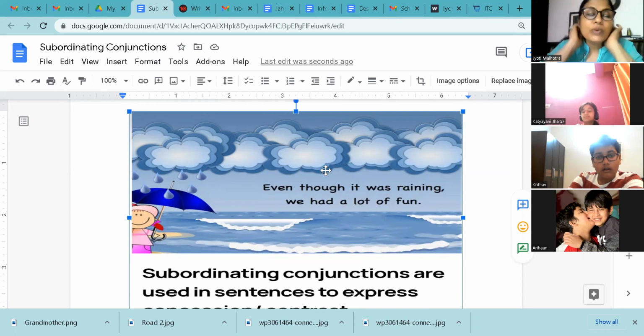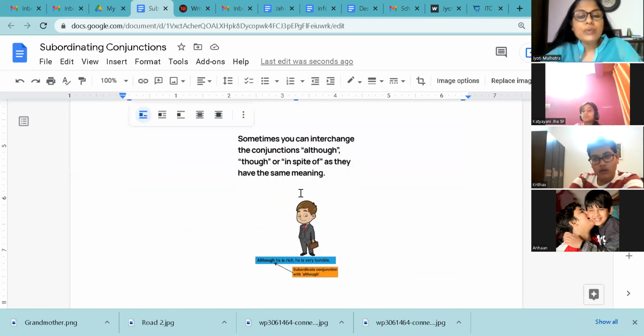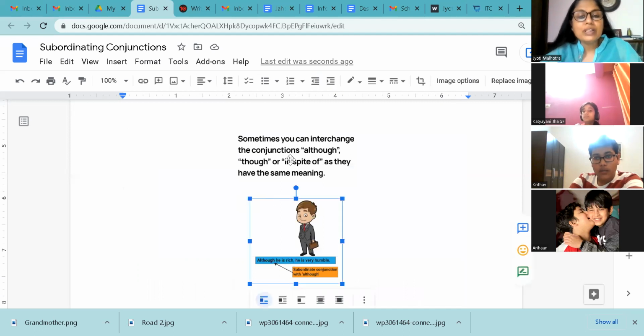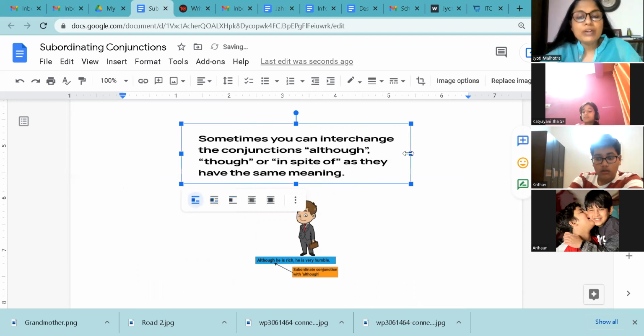When it's raining, you can't do anything, isn't it? You become helpless. But here, there is a contrast that we had fun, even though it was raining. So this is an example of a concession. Children, are you writing the types of conjunctions at least? Yes or no? You should make a note of that.